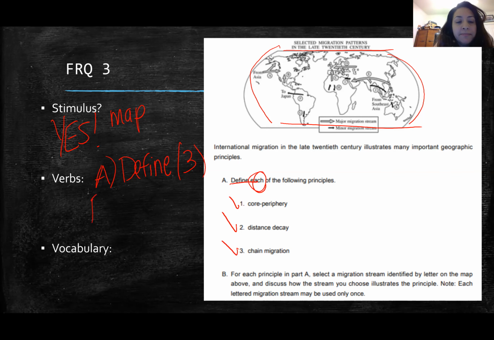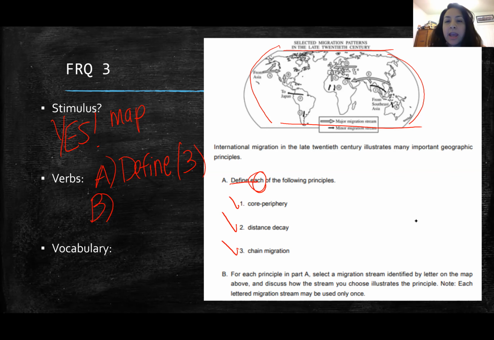Letter B is where you need to, okay, so this is where it gets a little tricky. For each part in part A, so for core periphery, for distance decay, and for chain migration, you need to select a migration stream, okay? The migration streams are the ones that are up on the top in the map. So you have from Asia to Canada.